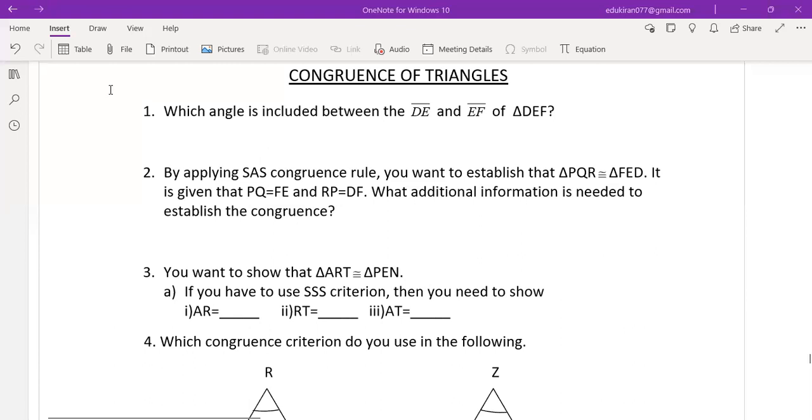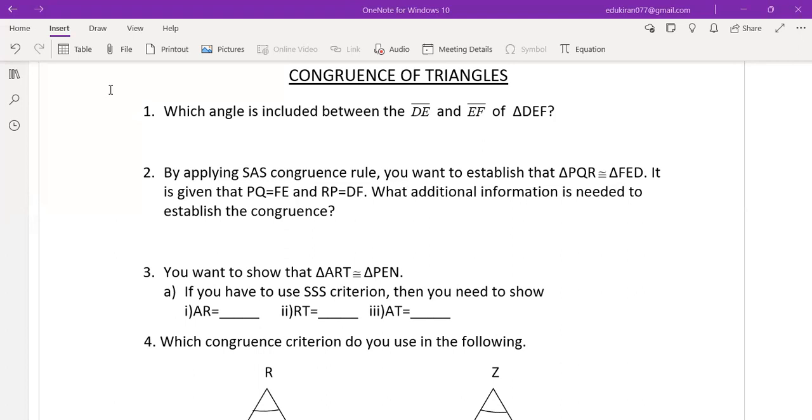You can start. I'll scroll it. Ma'am, do we need to draw triangles for the second one?